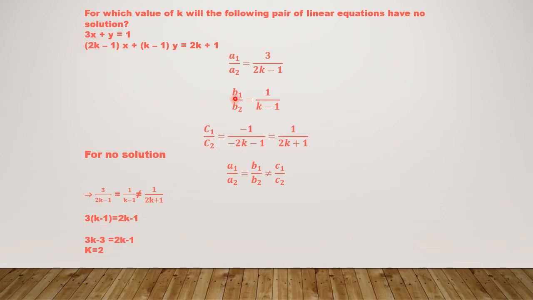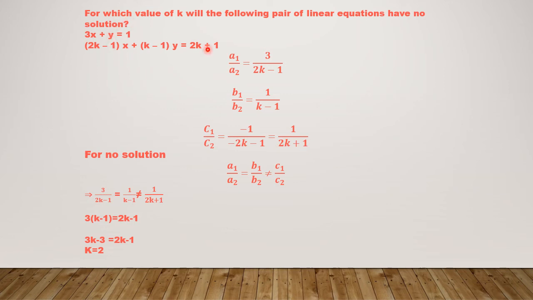And what about the coefficients of y? Here in the first equation it is 1 and in the second equation it is k minus 1, and here is the ratio. And then finally c1 by c2 is always the constant term, and here is the ratio 1 upon 2k plus 1.